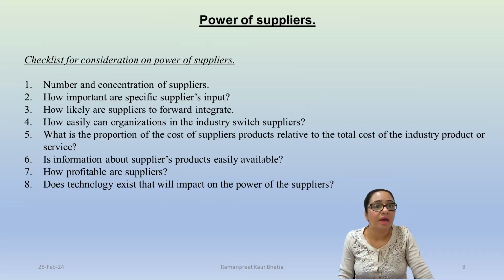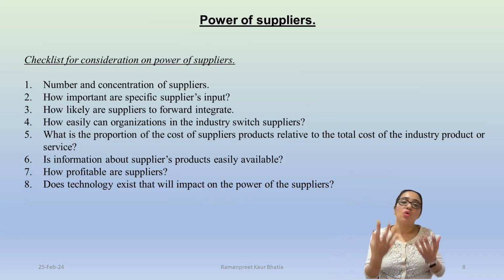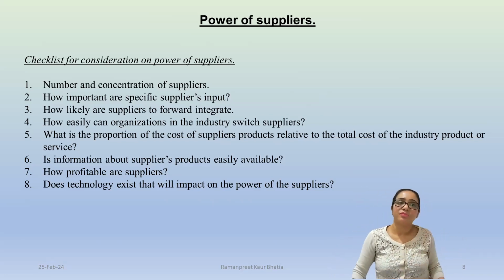How profitable are suppliers? Does technology exist that will impact the power of supplier? Right, so this is just a checklist. This is just a summarization of all the points that we did for this force.